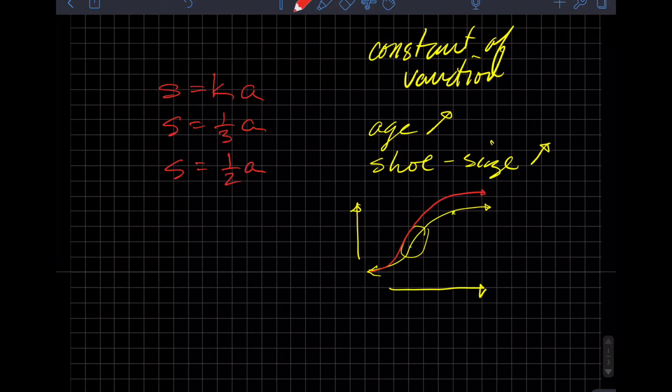I don't know. I'm just making that up. Maybe it's 3 and 2 or 2.73, whatever. It doesn't matter. And you wouldn't get this function because that would have to be a cubic of some sort, or a fifth or a seventh or whatever. But what I'm saying is this constant will change and dictate what happens differently between, for instance, my shoe size as my age increases versus Shaq's shoe size.